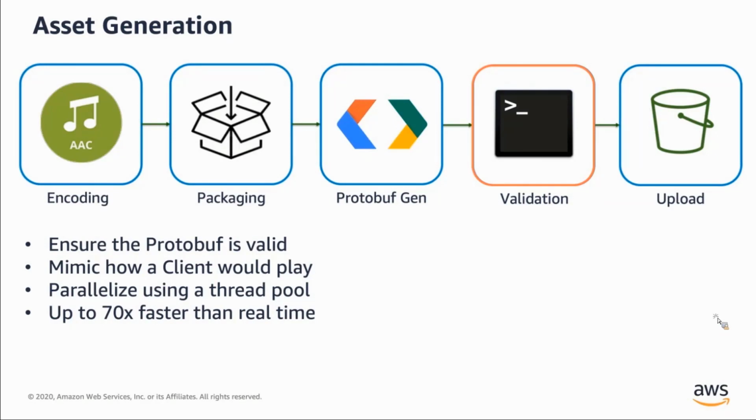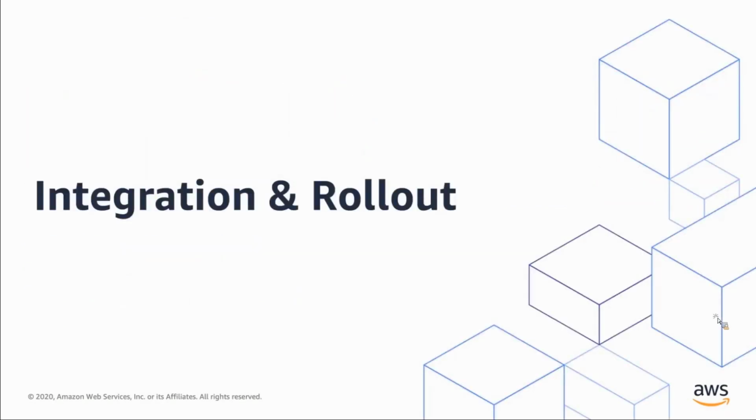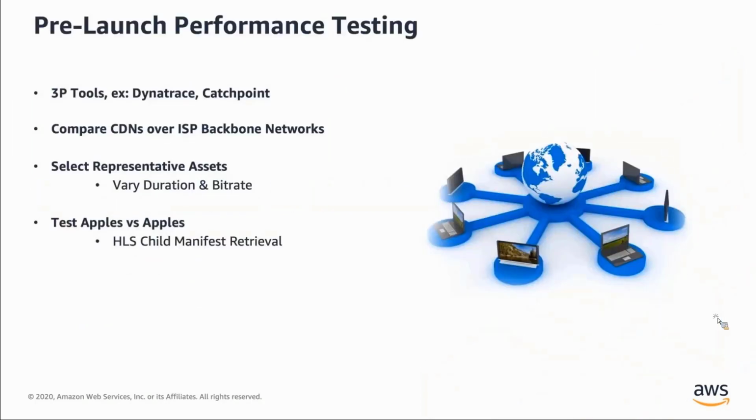Now let's dive deeper into the actual integration and rollout. As soon as we were dev complete, the first thing we did was launch a performance test between our previous CDN and our new setup. We did this by taking advantage of that third-party tool, Catchpoint.